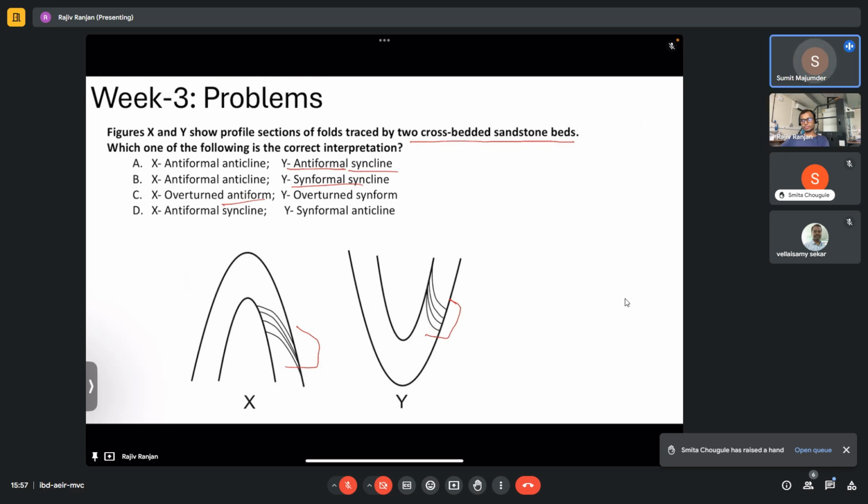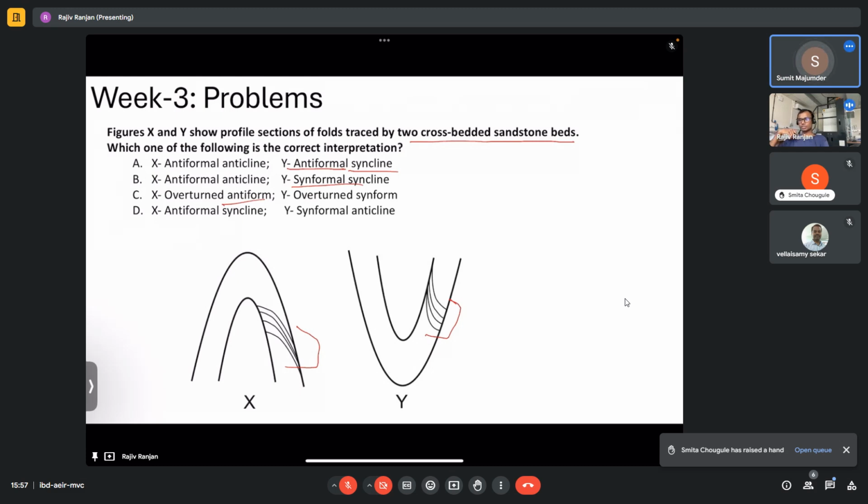X is antiformal. Sorry, X is antiformal, and Y is synformal. Why are you saying X is? Sir, what is the core and what is the young limb?